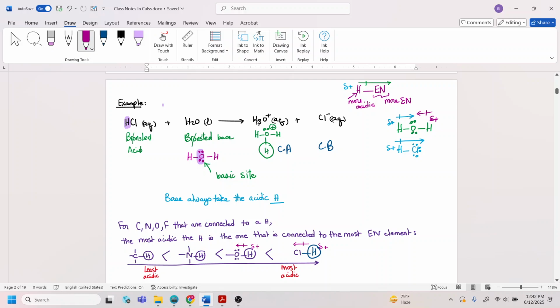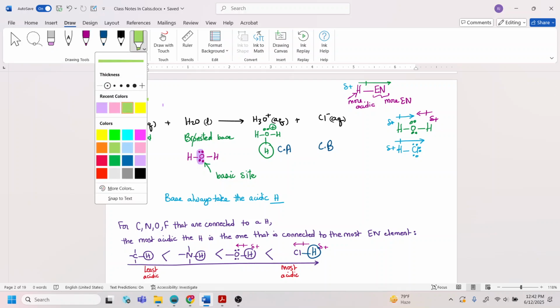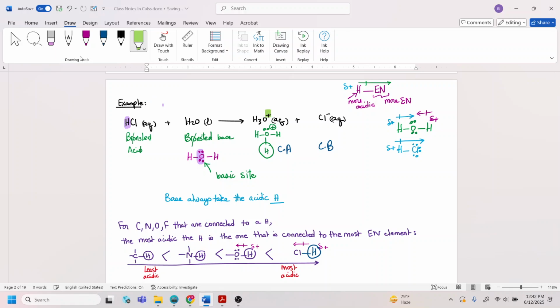Also, another thing to know whenever you're looking at the product: a positive charge is an indication of acidity. So if you have a plus charge, this indicates that it is acidic, and a negative charge indicates that it is basic. This is why I know that chlorine definitely needs to be a base.